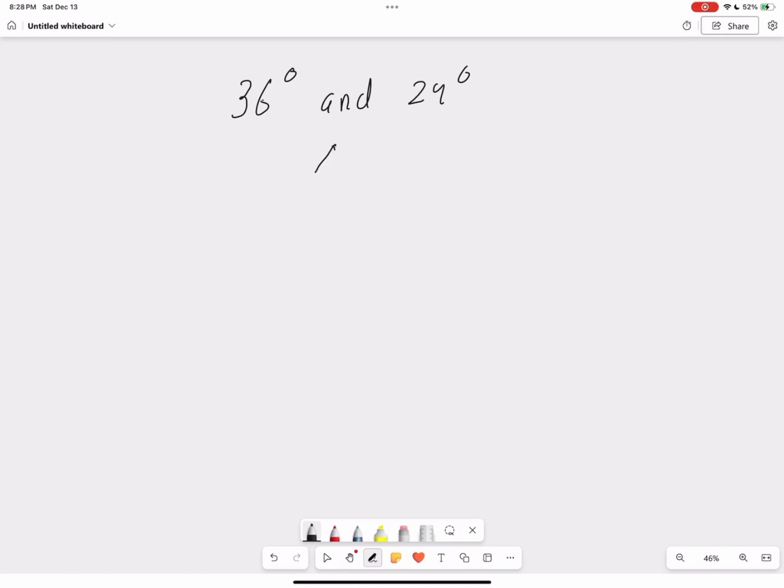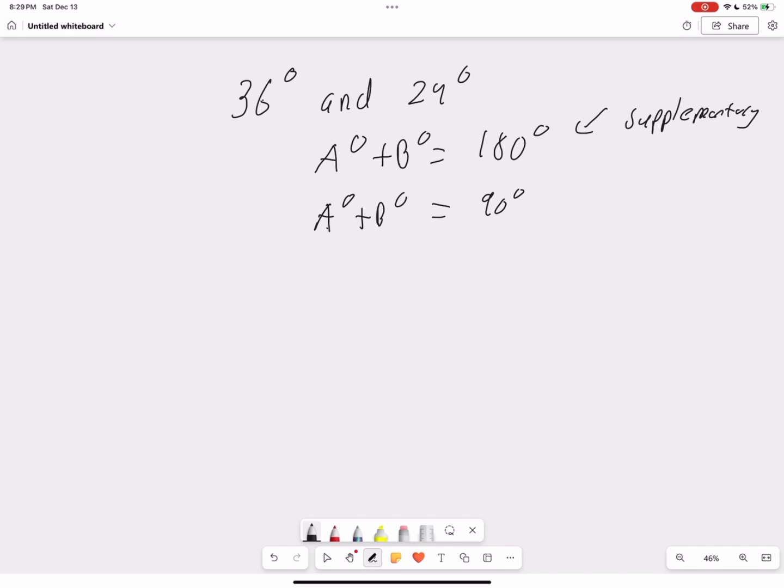So angle A plus angle B equals 180. This is for supplementary. And for complementary, same thing, but with 90 degrees. So if we call this A and we call this B, we can just plug in and see if the left side is equal to the right side, then they're supplementary or complementary. If they don't, they're neither.